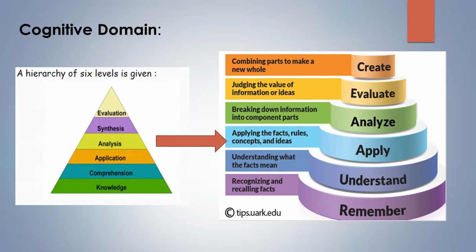It is about recognizing and recalling facts, remember; understanding what the fact means, understand; applying the fact, rules, concepts, and ideas, apply; breaking down information into component parts, analyze; judging the value of information or ideas, evaluate; and then finally combining parts to make a new whole. So these are the 6 levels of Bloom's taxonomy related to cognitive domain.